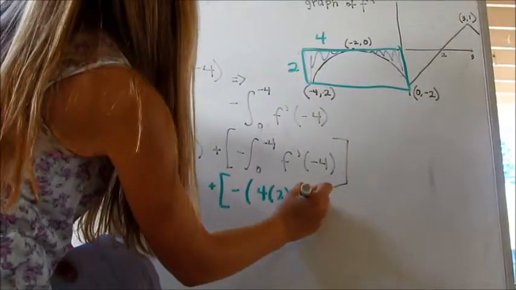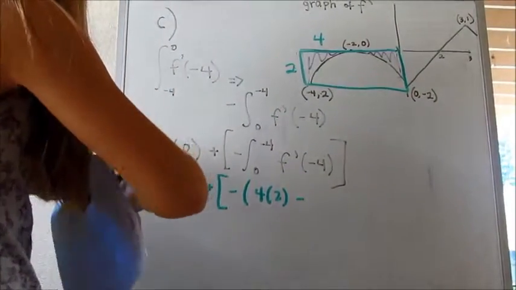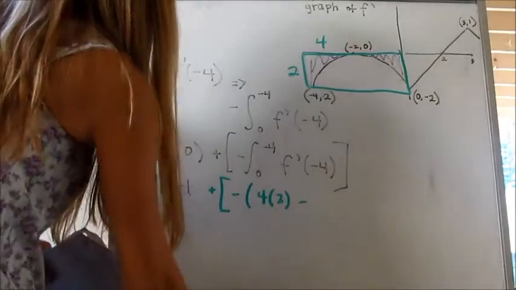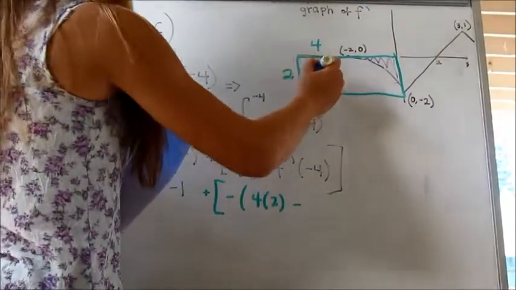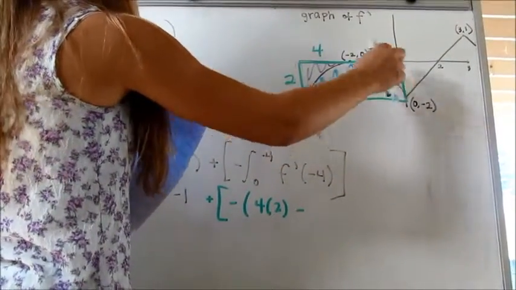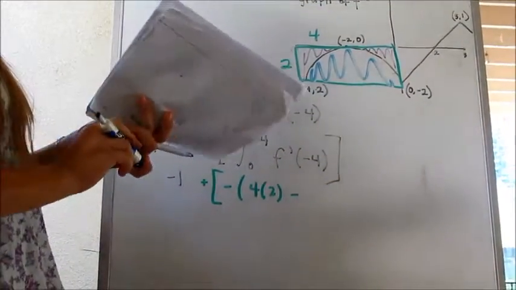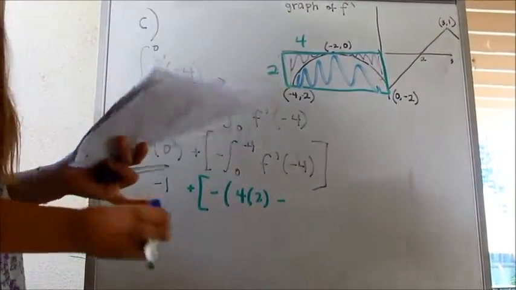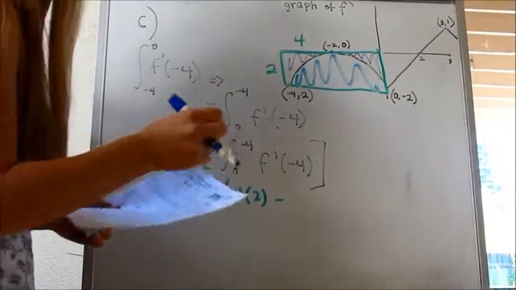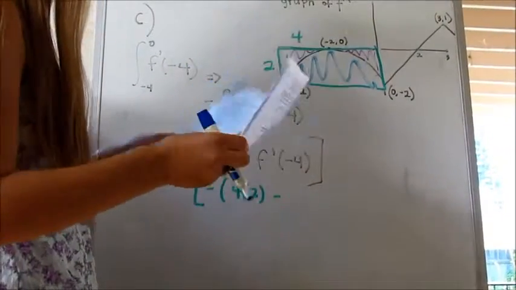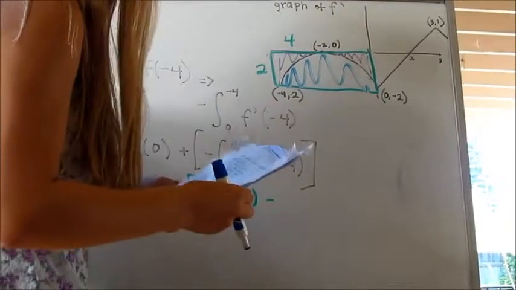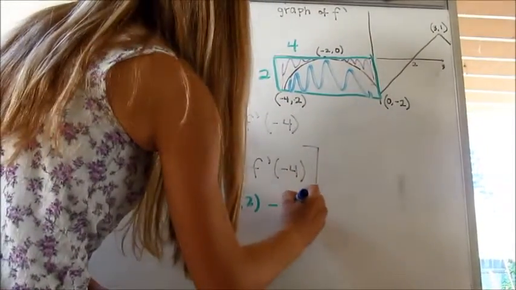And then you subtract from it this part, leaving you with the purple. So that would be the area of a semicircle, which is pi r squared divided by 2. And it leaves us with 4 pi over 2, or 2 pi.